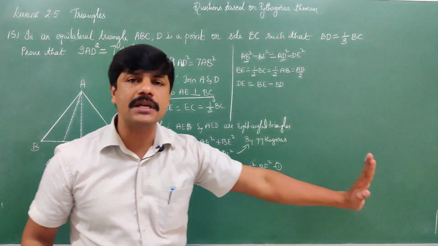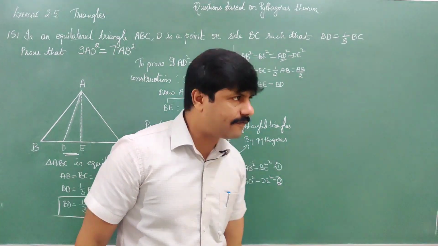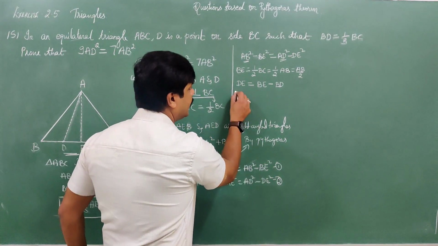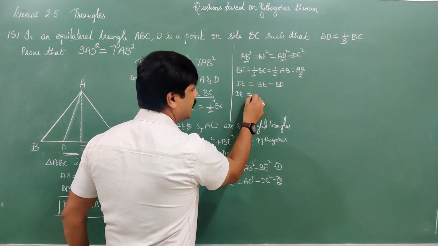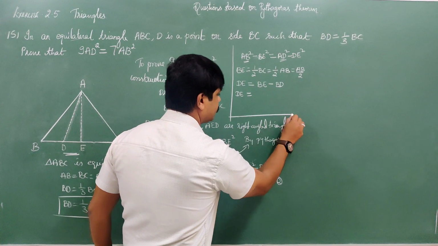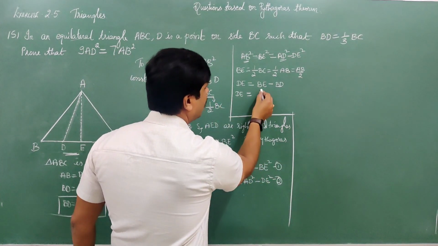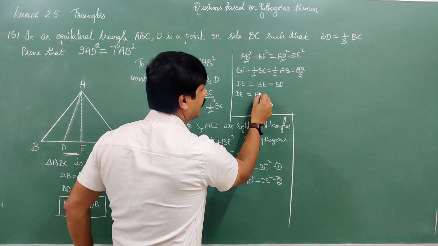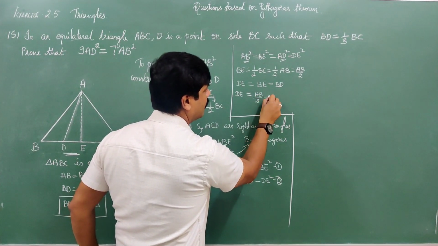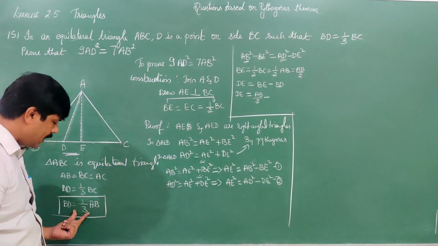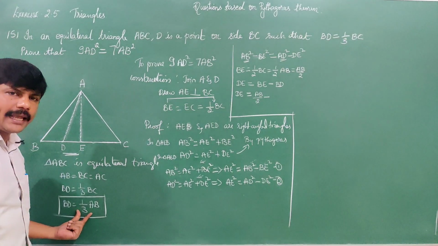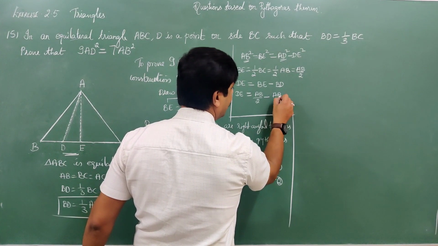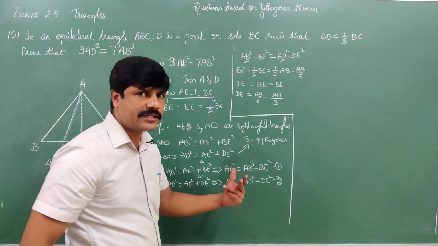Therefore, everything comes in terms of AB itself. That means DE is equal to, what is BE? It is AB by 2, minus, what is BD? BD is nothing but 1 by 3 AB or AB by 3. Both are one and the same.